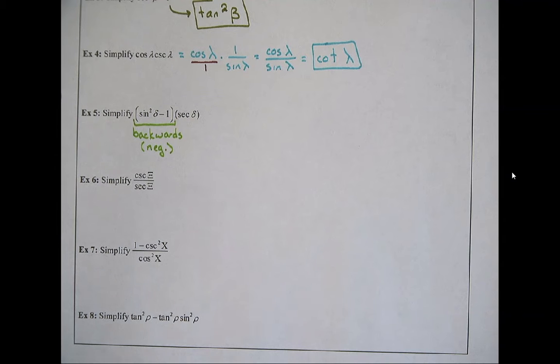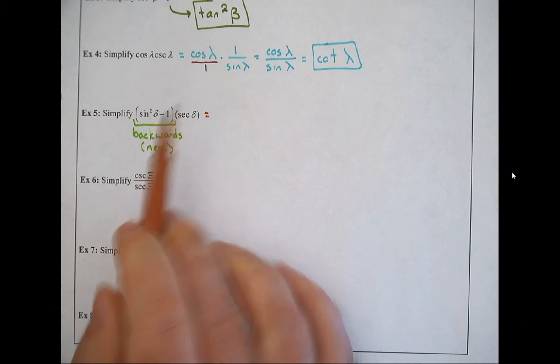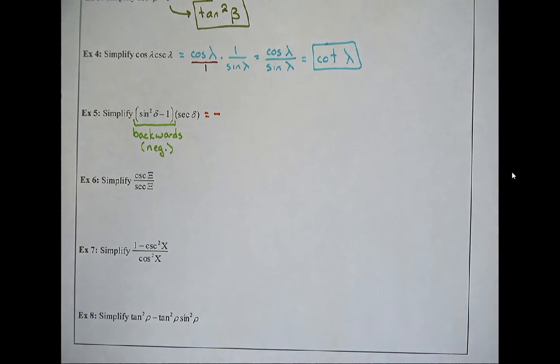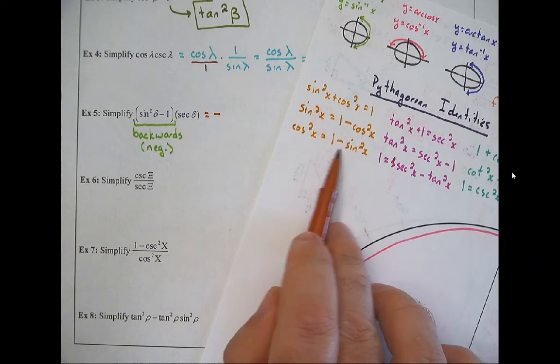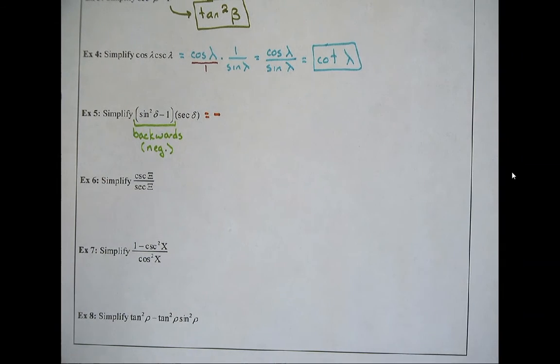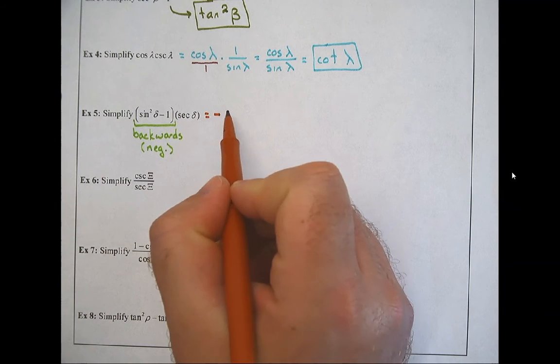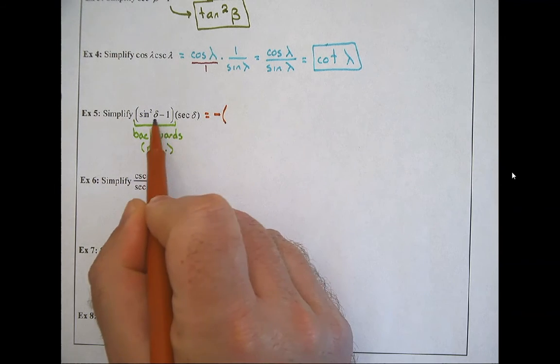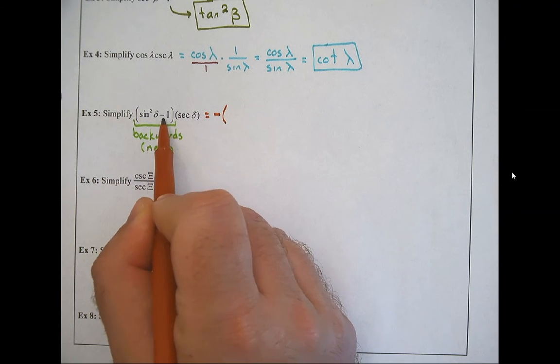So anyway, if I want to clean this up, sine squared minus 1 is going to be the opposite of 1 minus sine squared, which is cosine squared. Let's do this the long way. Another way to think about it is to factor out a negative.